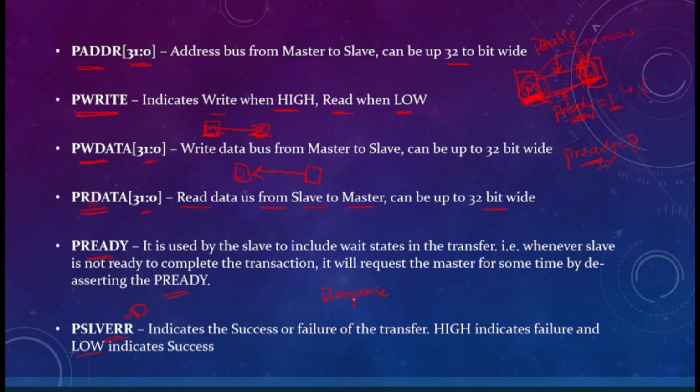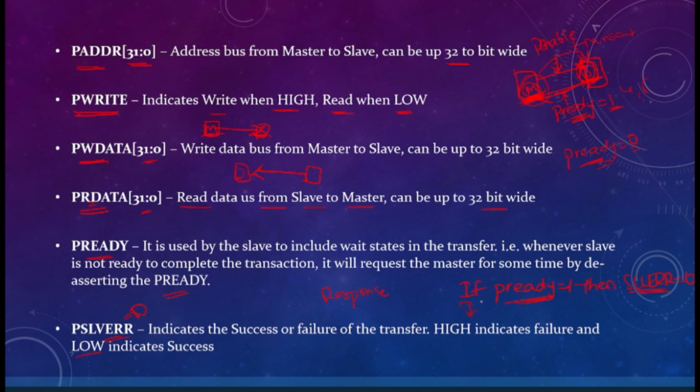Here there is one thing you should remember about these two signals. If PREADY equals 1, then PSLVERR is 0. Why? Because PREADY equal to 1 indicates that the previous transaction is successful and it is now ready to take another transaction or data. If the transaction is successful, then obviously PSLVERR should be 0.